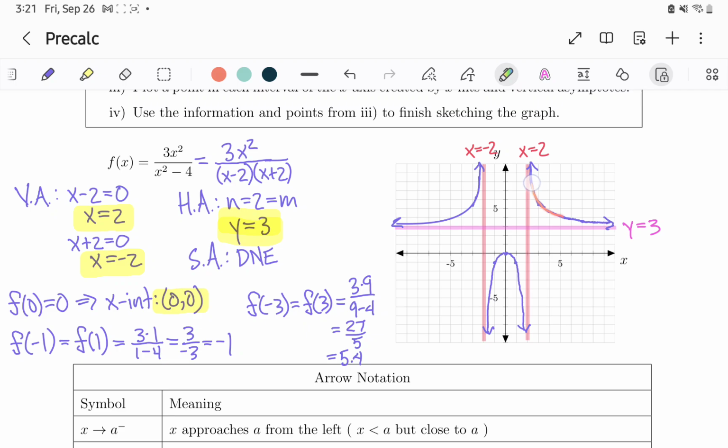Approaching 2 from the right, we see from the graph of f of x that the function's values are increasing without bound. So f of x is going to infinity as x goes to 2 from the right. Let me go ahead and write. This is the graph of f of x.